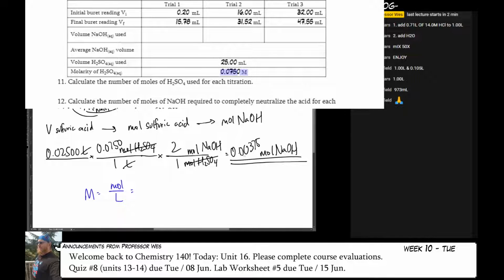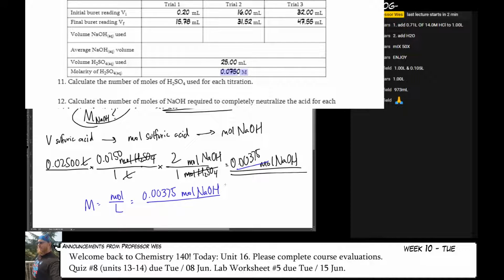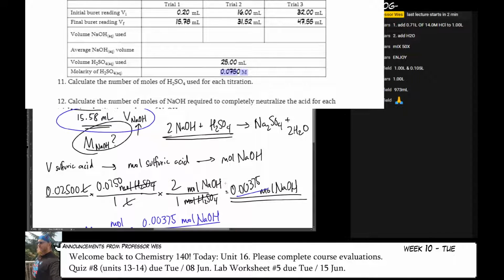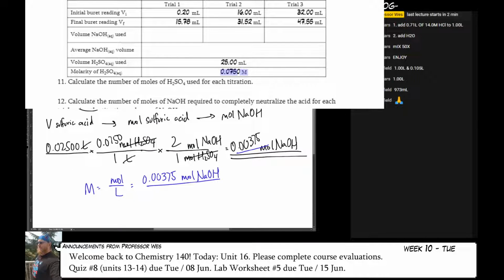So if I just type this number in, divided by the volume that we used, which was 15.58 milliliters, got to turn that to liters. Then my units will be moles per liter. So I will get a molarity. So I just divide those two numbers together. And I get this.